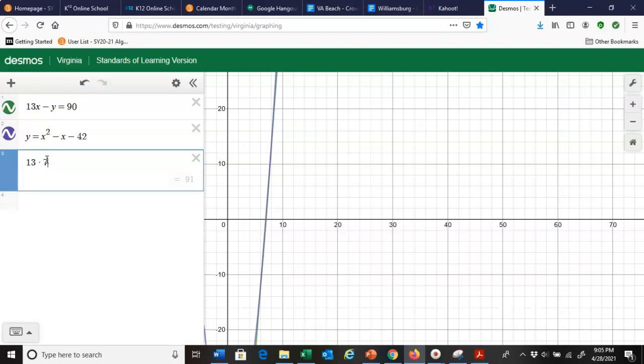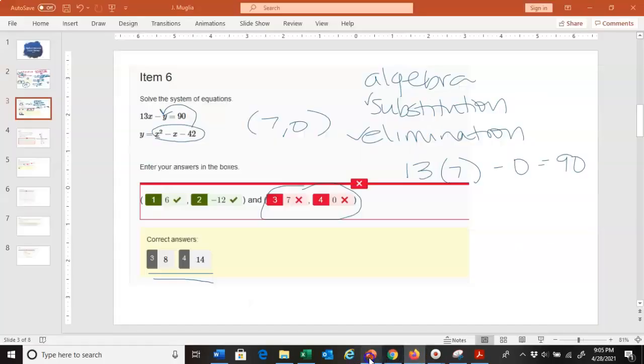Oh, hold on. 13 times 7 is 91. So 91 minus 0 is 91, and 91 does not equal 90. So this point does not work in the first graph. So that must mean that it belongs to the second graph. Let's try it.